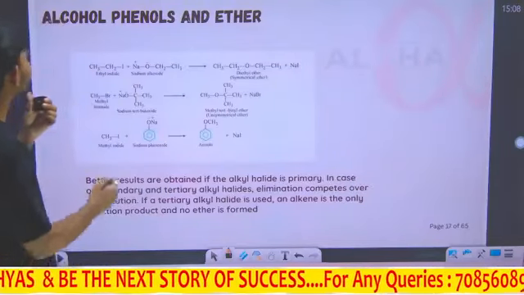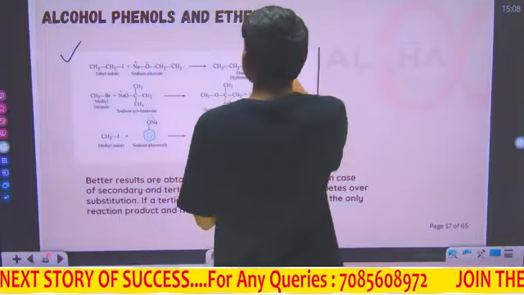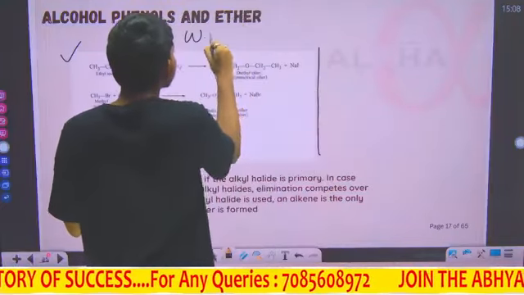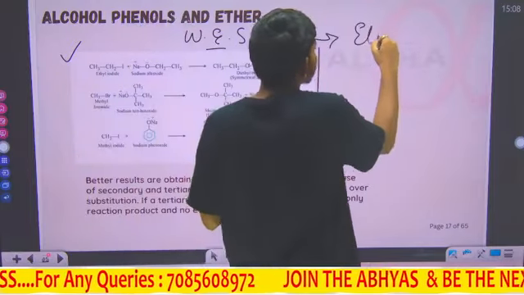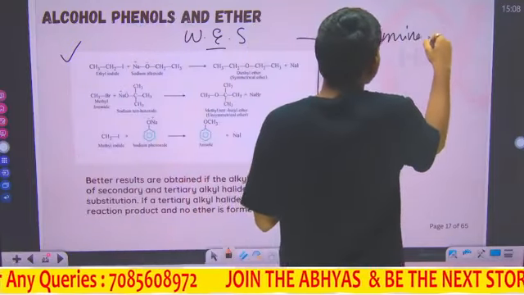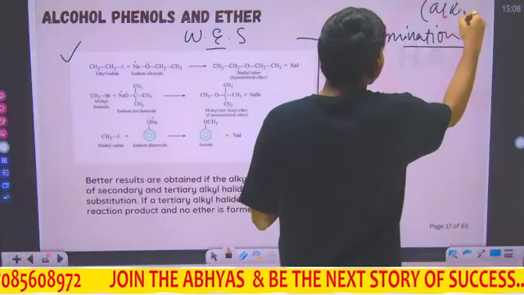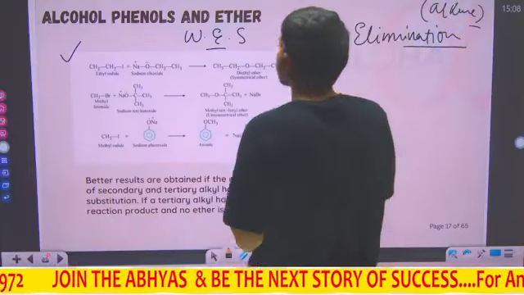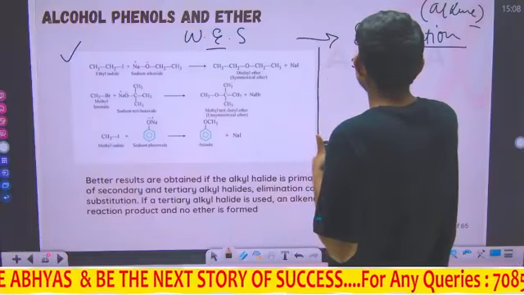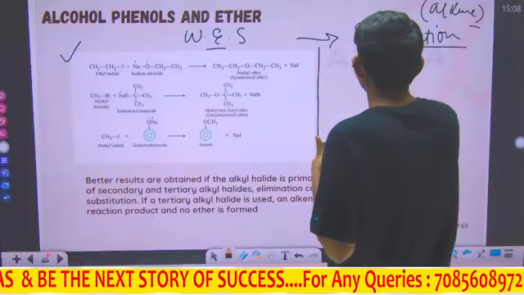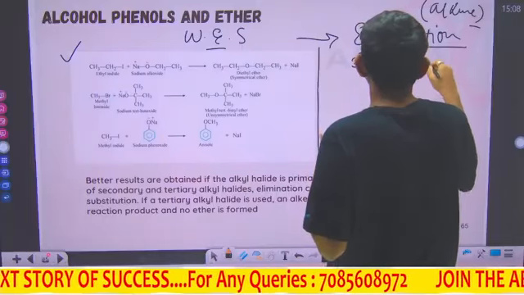So here are a few examples for Williamson ether synthesis. It becomes elimination, or your alkene, when you take the alkyl halide 3 degree, or you keep the alkoxide ion 2 degree or 1 degree.